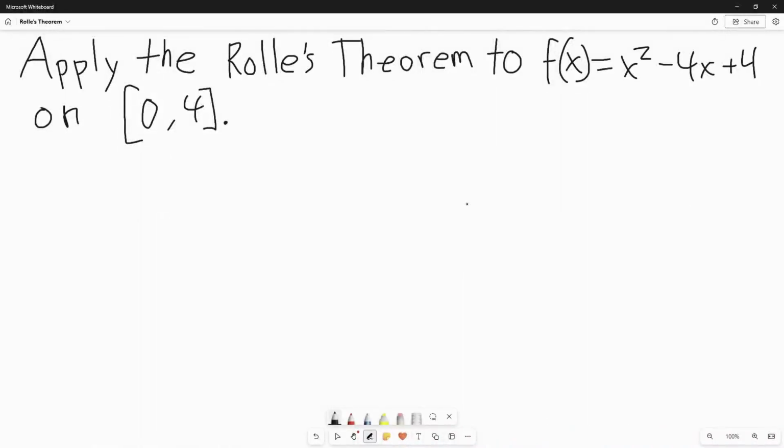Now, let's get into some practice problems. If you think you know how to do this one, pause the video and try it. This one says apply Rolle's theorem to f of x equals x squared minus 4x plus 4 on the interval 0, 4. And in order for us to use Rolle's theorem, we need to meet 3 requirements. The first 2 are if it's continuous over the interval and if it's differentiable over the open interval.